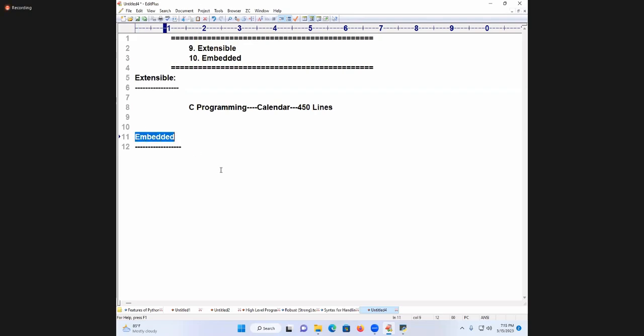What is meant by embedded? Python can use other language code wherever it is required. That is called embedded. Python can give its services to other languages wherever they require. This is a kind of give and take policy, called embedded and extensible. Am I clear or not?